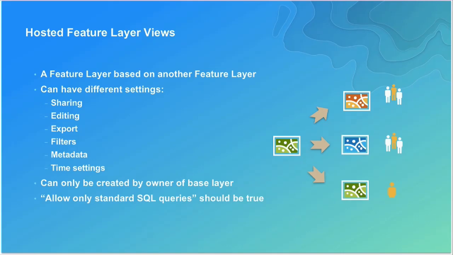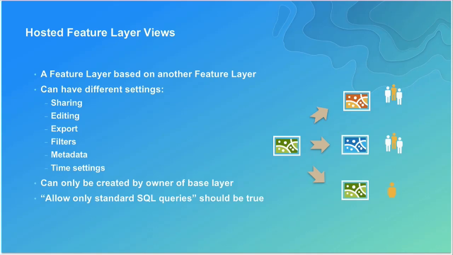So you can actually create this view, and the view can have different properties than the feature layer itself. So it can have a different sharing level. You can share it with different people. You can have different editing properties, different export restrictions in terms of being able to export the data or not, different filters, different metadata, different time settings.